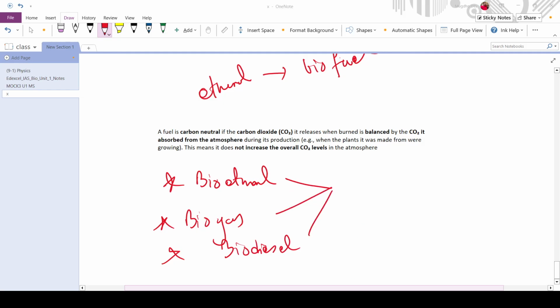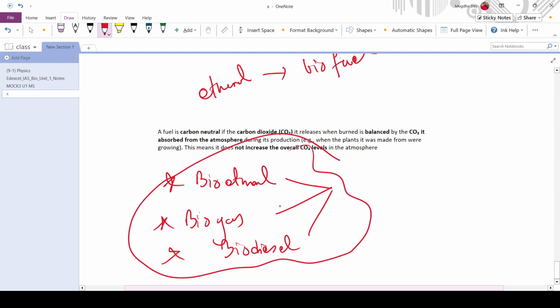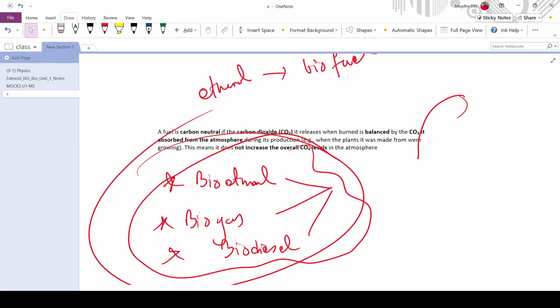Why? Because bioethanol is produced from plants like sugarcane or corn. Biodiesel is made from vegetable oils or animal fats. Biogas is made from the breakdown of organic waste like food or manure. So these all are recyclable. The plants from which they're made basically absorb the carbon dioxide, and that's why they are carbon neutral, kind of, you can say.